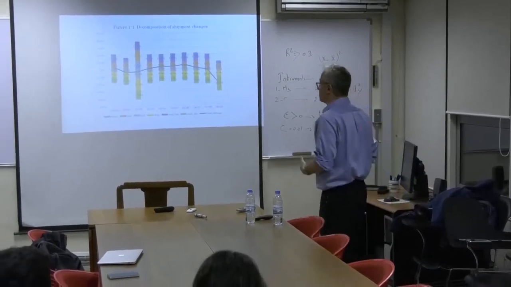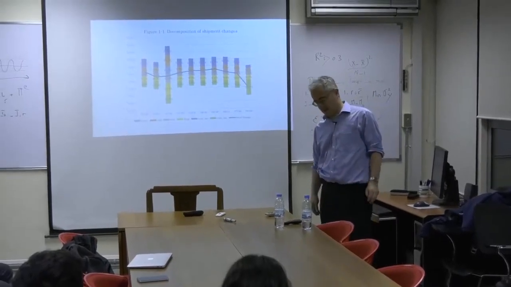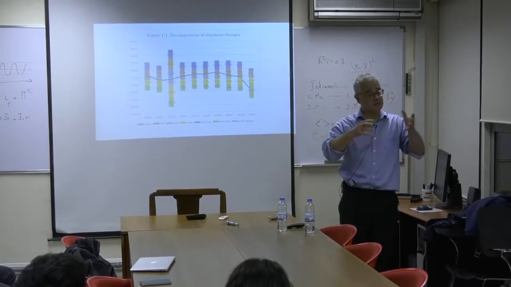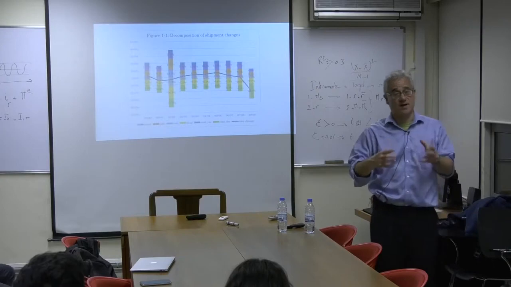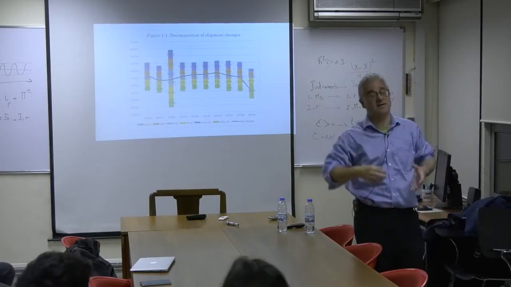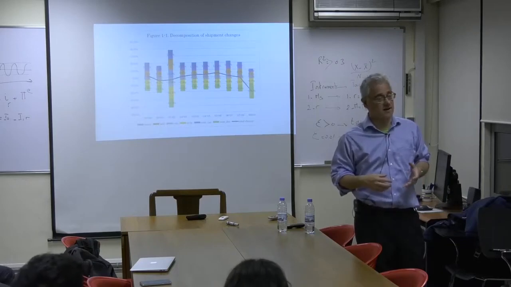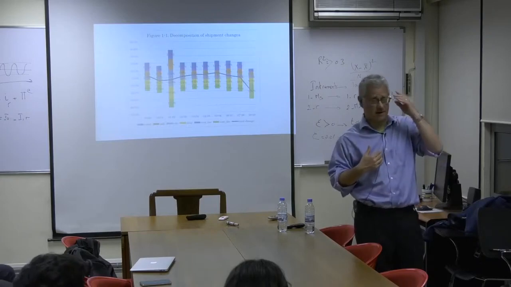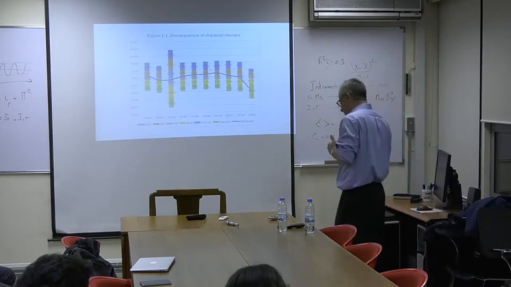And so you can decompose the entire change in the quantity of shipments into the entry of new companies, the exit of old companies, also the addition of products by existing companies, and the dropping of products by existing companies, and then the increase in the quantity produced of existing products.